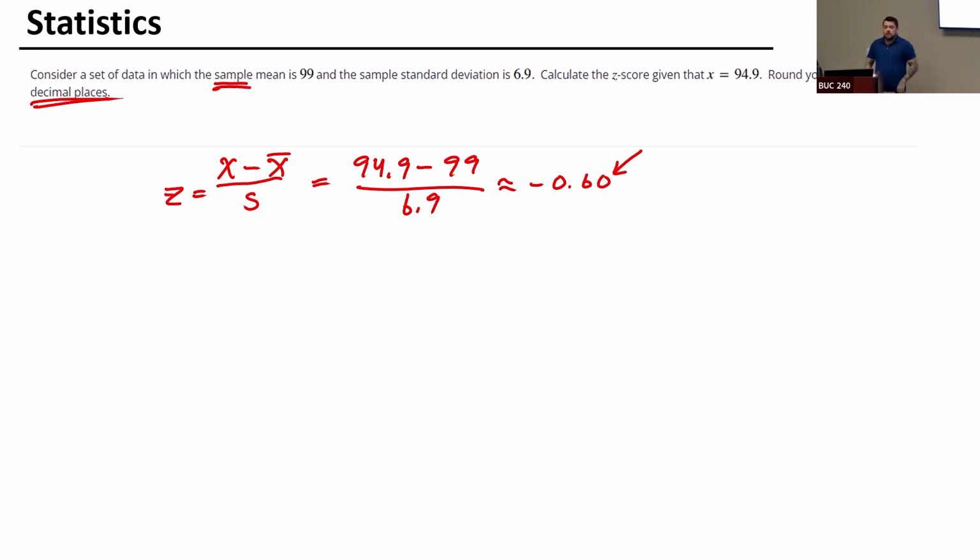So notice it said round to 2, you got 0.59. You have to look at the next digit, so it's probably 0.59 and greater than 5. You had to round up. And there you go. Good?